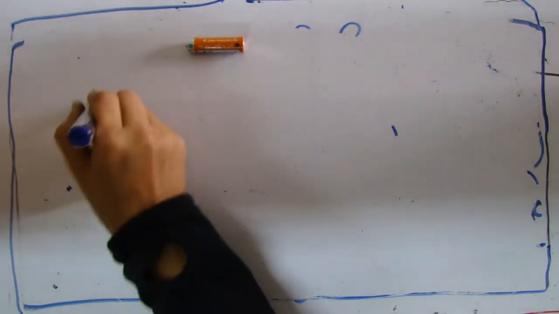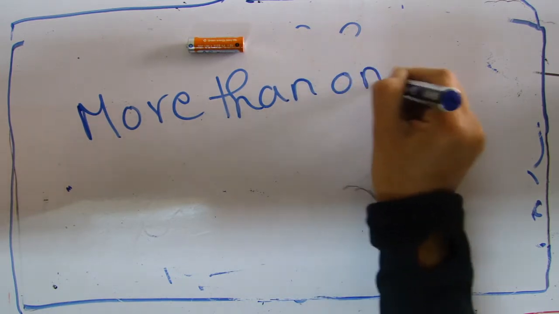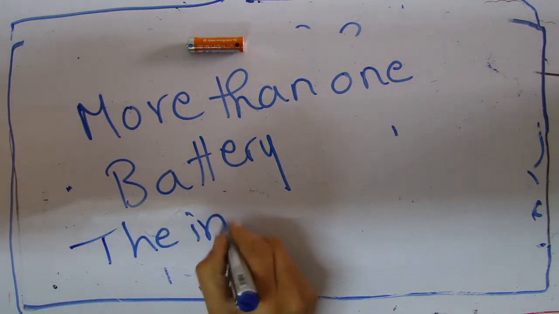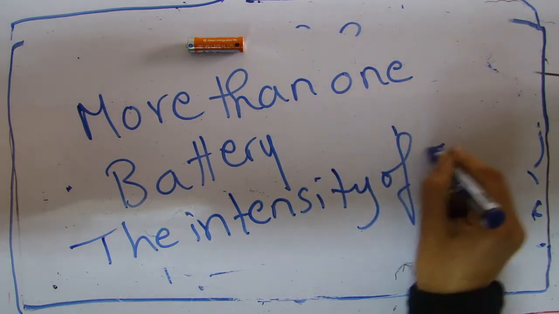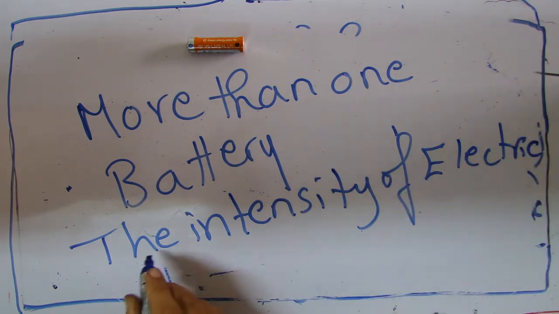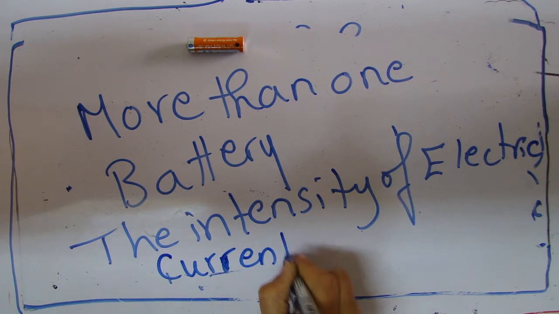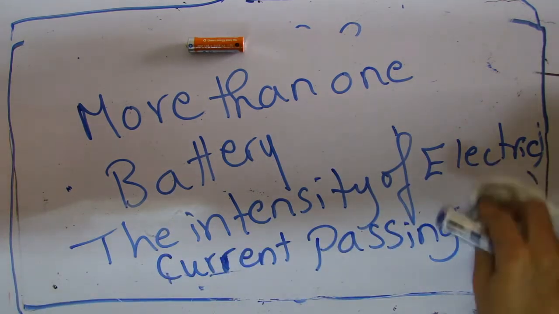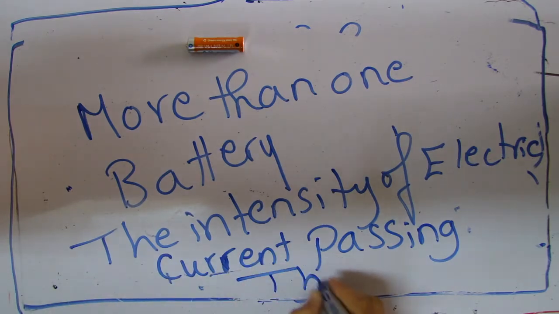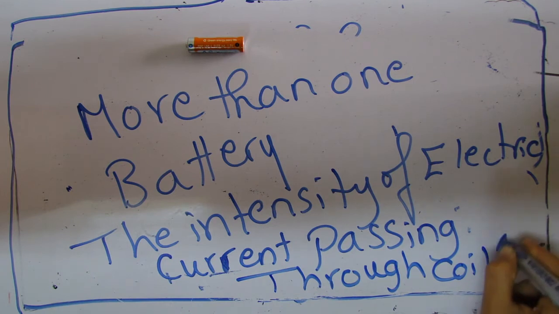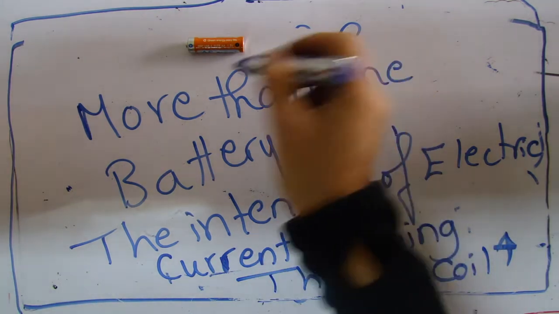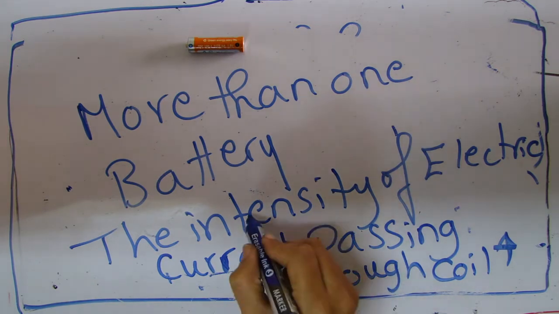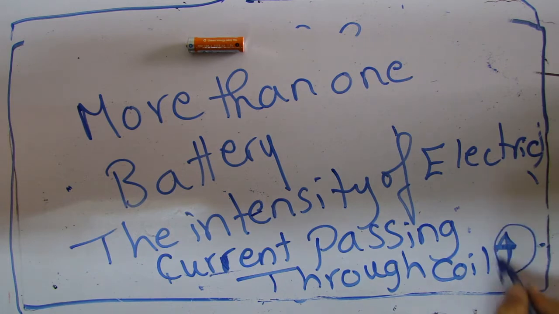No. If I use more than one battery, the intensity of the electric current passing through the coil increases. So if I use 2 or 3 batteries, it is preferred for making an electromagnet, because with more than one battery, the intensity of the electric current passing through the coil increases. So it will be good.